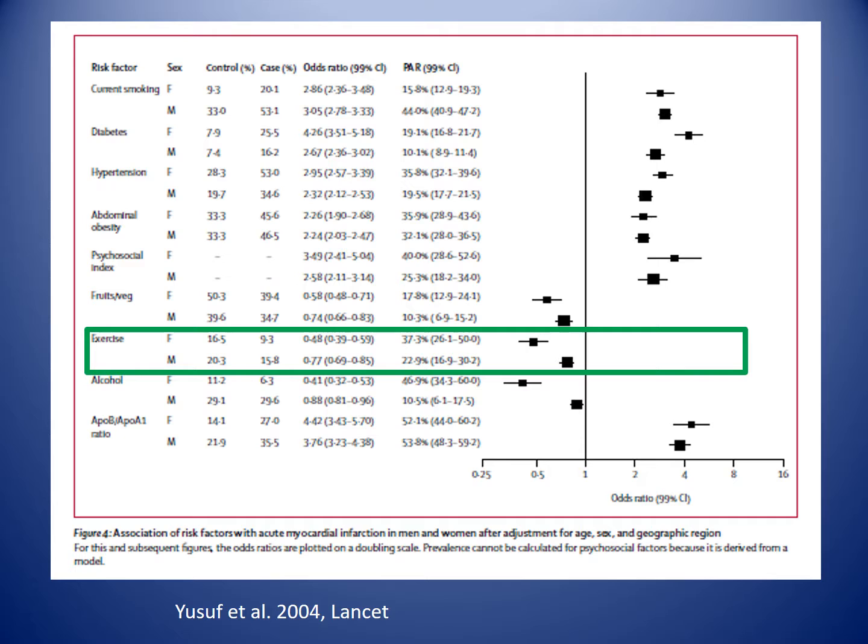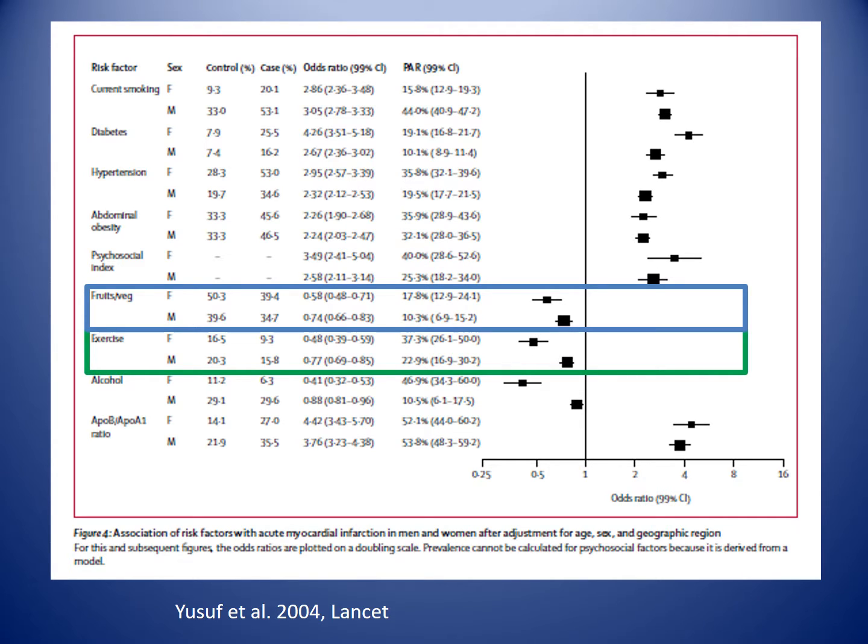You come up with 52% by taking 1 minus the 0.48 that you see on the screen. For males, they are 23% less likely. Let me say that one more time. Females who exercise are 52% less likely to have had a heart attack, and males who exercise are 23% less likely to have a heart attack than males who don't exercise.